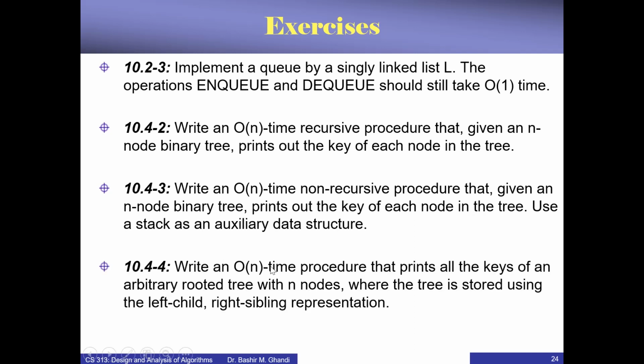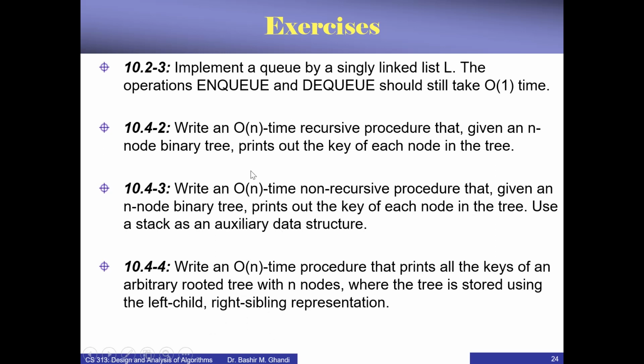write a big O of n time procedure that prints the keys of an arbitrarily rooted tree, the one we discussed last, with n nodes, where the tree is stored using a left-child right-sibling representation. So this is the only thing new actually to you.